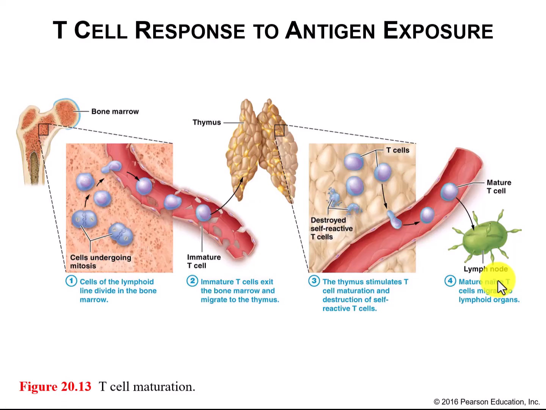They will migrate to the lymph nodes until they encounter an antigen-presenting cell, which will activate them from being naive to a mature T cell that can combat whatever pathogen was presented by that particular antigen-presenting cell.